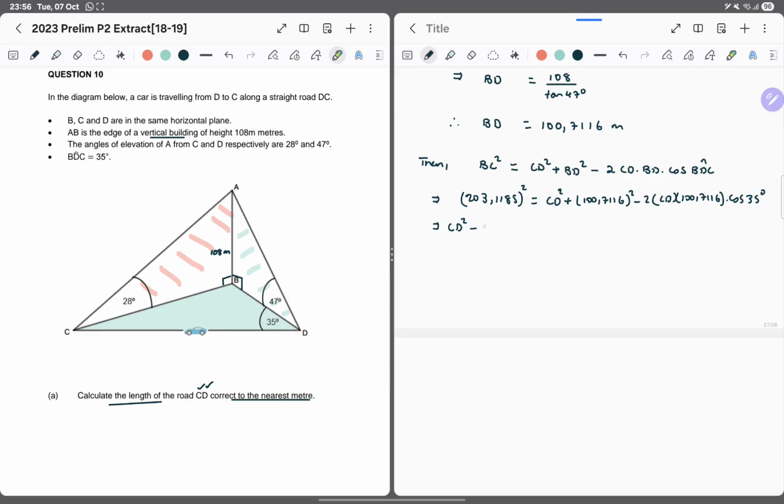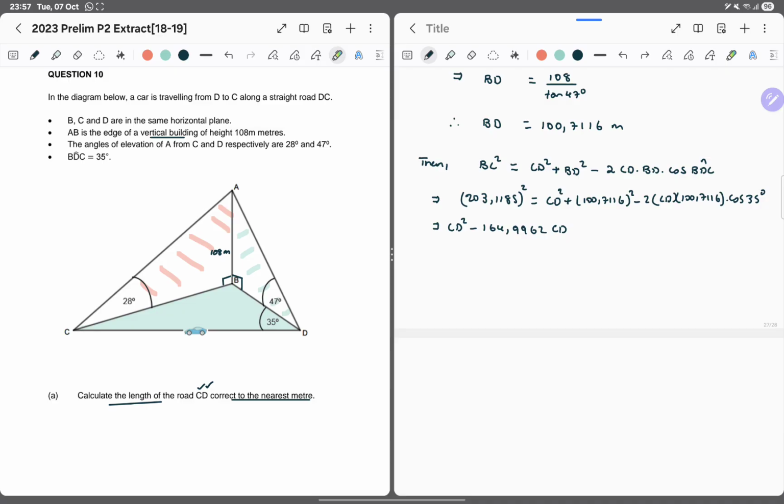So what we get here is 164,9962, right? Now this is going to be times CD as well, because this is evaluating this part. Okay, good. And we then transpose that 203 squared.